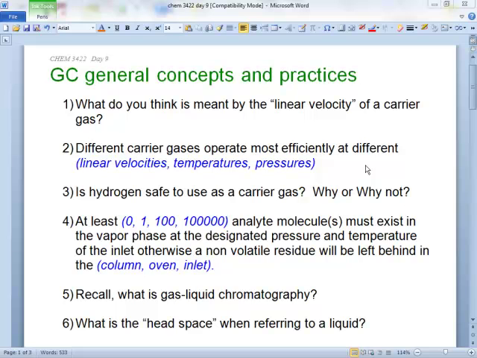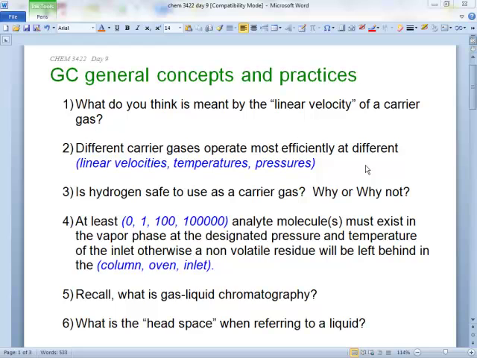What do you think is meant by linear velocity of a carrier gas? What's the carrier gas? What is meant by the carrier gas in the first place? The gas that's used. Yeah, it's called the what phase? The mobile phase, right?